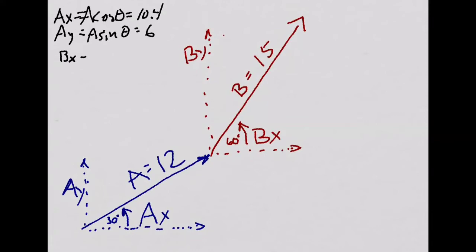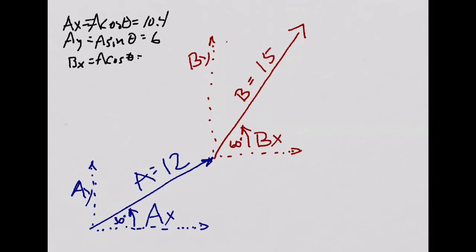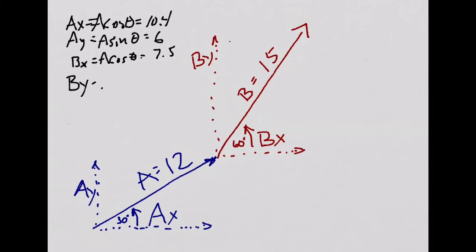BX equals B cos theta. In this case, theta is 60 degrees, and you get 7.5. And BY equals B sine theta, and when you calculate that out, you get 13.